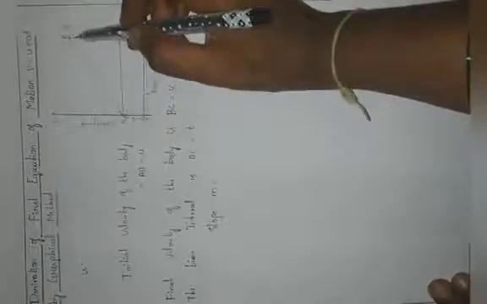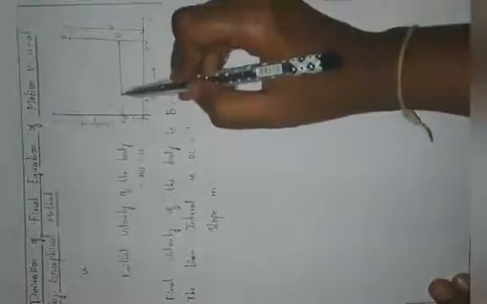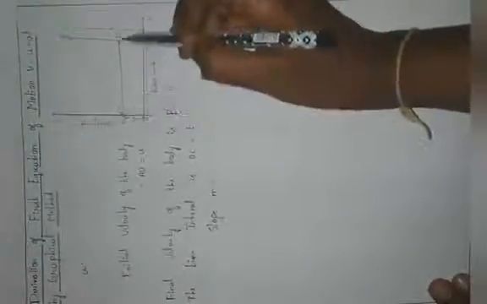So to find the slope, this is a triangle, and in this triangle the vertical distance is BD and the horizontal distance is AD. Correct? So that is the value of slope.